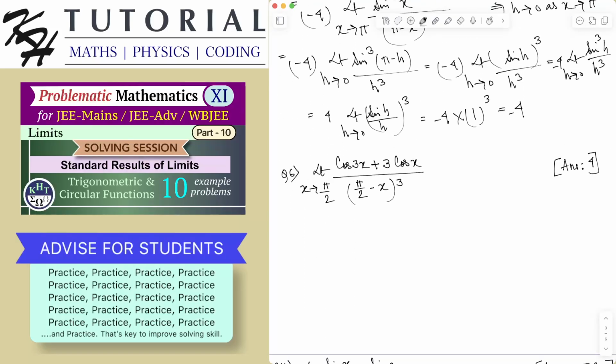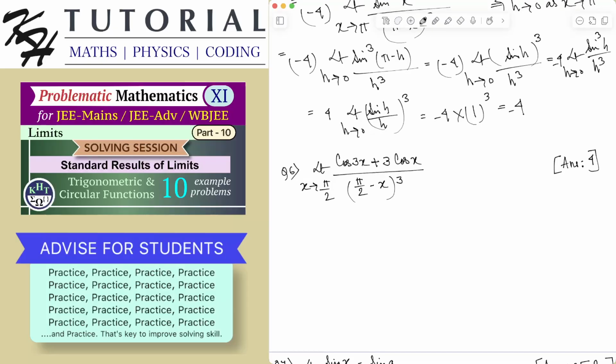Let's see the next problem. It's similar to the previous problem, but this time we have cos 3x plus 3 cos x. The same idea: you have to decompose cos 3x using the formula of multiple angle, that is cos 3x is 4 cos cube x minus 3 cos x.